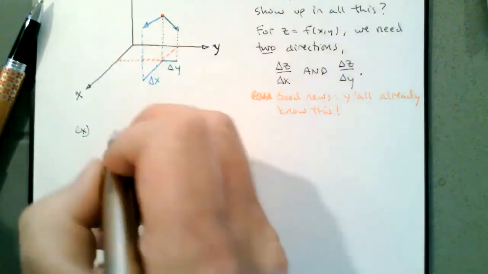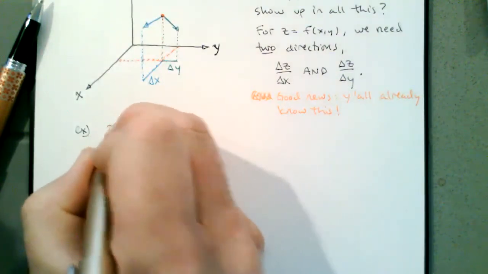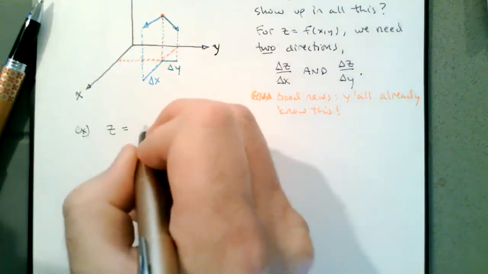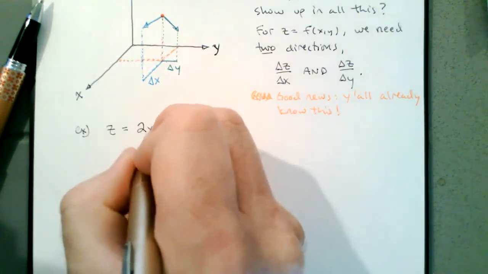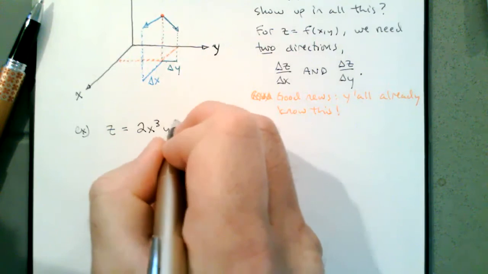Let me write down a function. Let's say that z is going to be 2x to the third, y to the fifth.